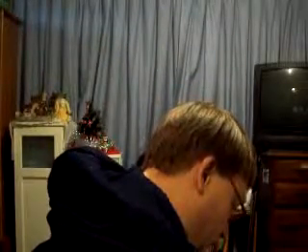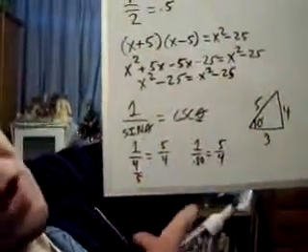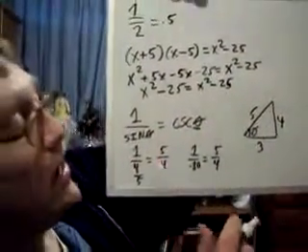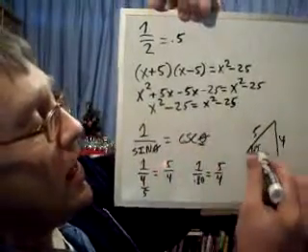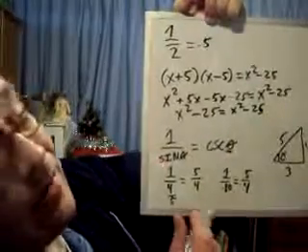Let me write that again. That's cosecant. CSC represents cosecant. So if you're going to try to find the cosecant of this, you can also try to find 1 divided by the sine.